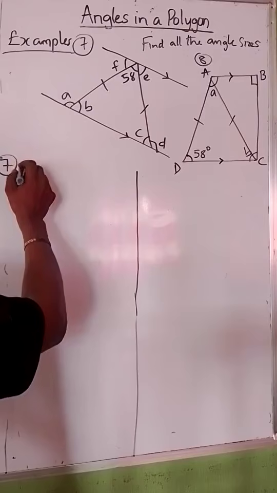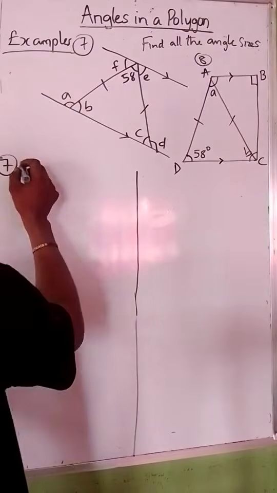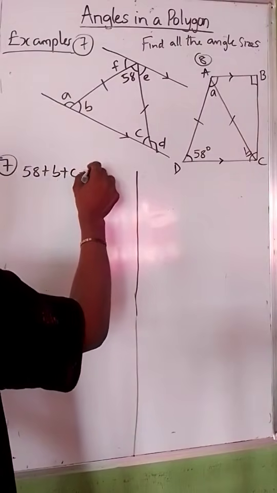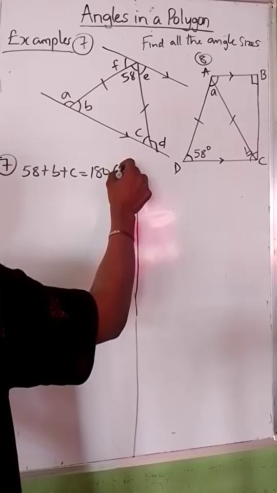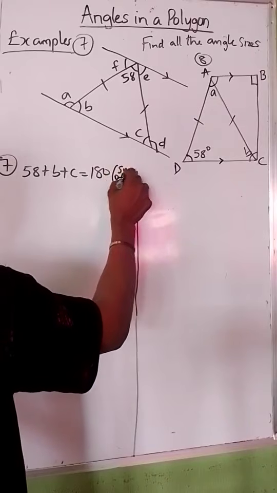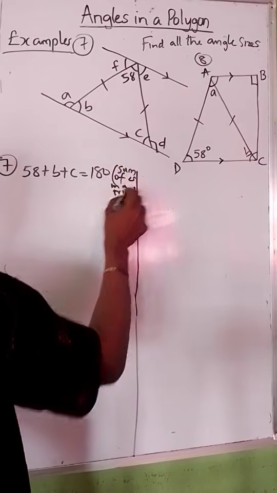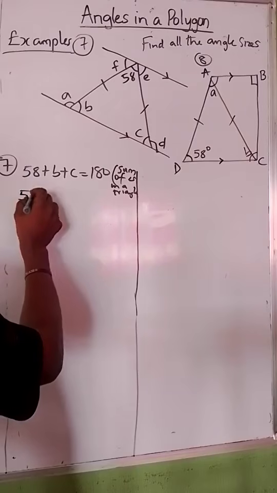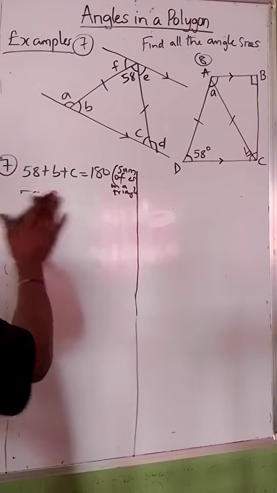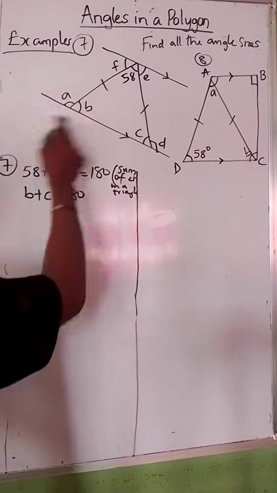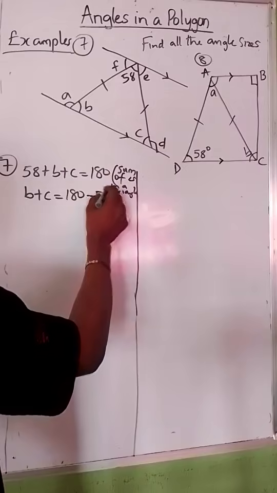And how do we do that? You say 58 plus B plus C equals 180. Why? Sum of angles in a triangle. So our B plus C, because of 180, 58 will come here to minus 58.